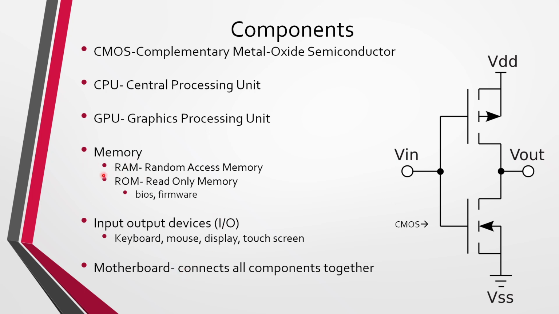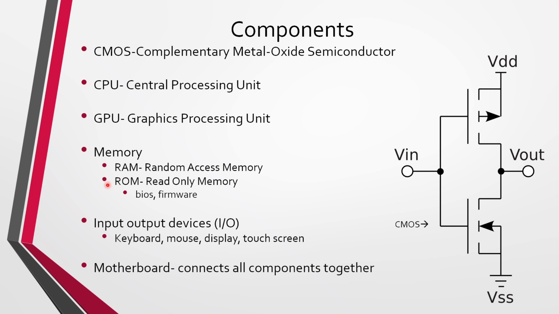There's memory. There's two different types of memory. There's RAM, which is random access memory. This is fast type memory that changes quickly, so it loads things from the CPU to display out, or it takes things in and sends it off. And then there's ROM, which is read-only memory. Random access memory goes away when it's powered down. It won't store any of the information anymore. ROM doesn't need a power source.